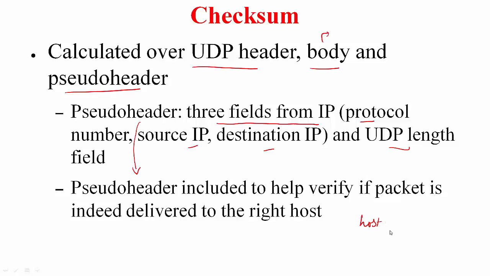So where will you check that this packet is not destined for the host? If the transport layer includes a checksum like this, then you will know, because your original checksum at the source itself included the destination IP address. Thereby you will know now that this packet is not for me and the checksum will fail, and then you're going to drop that particular packet.